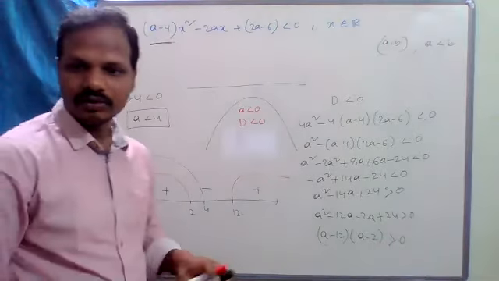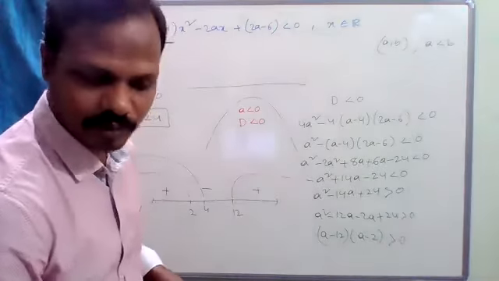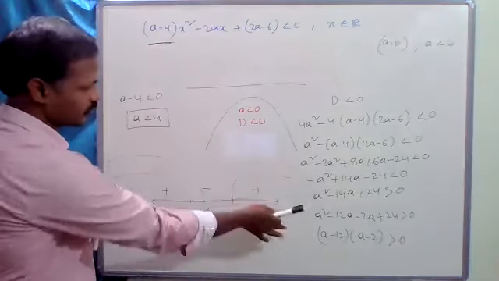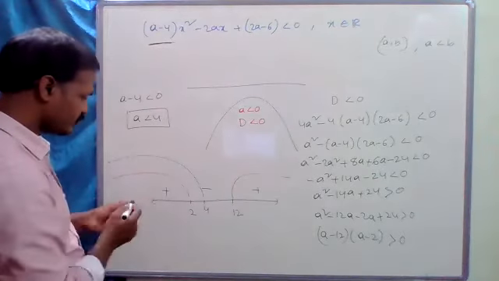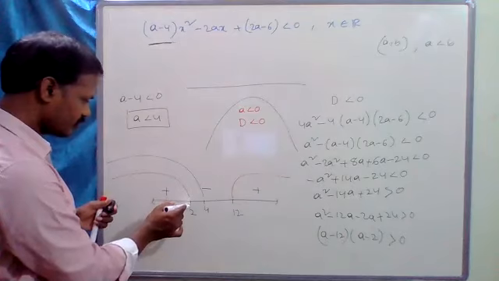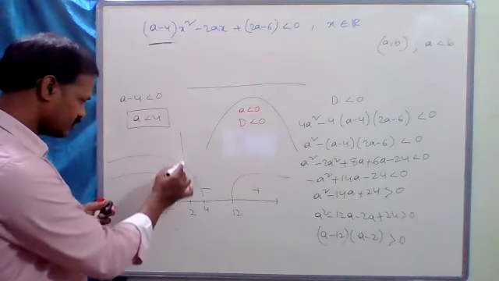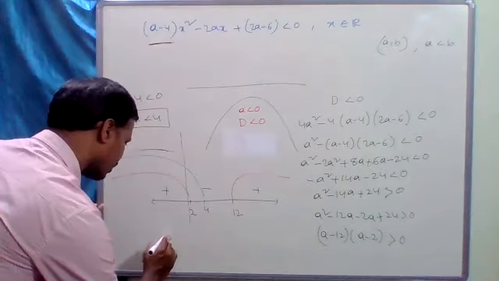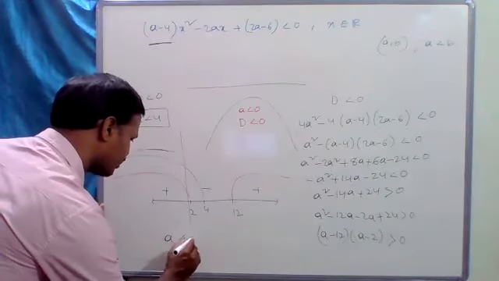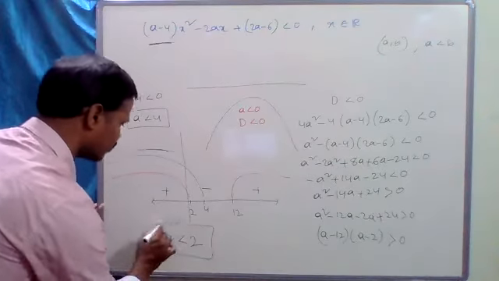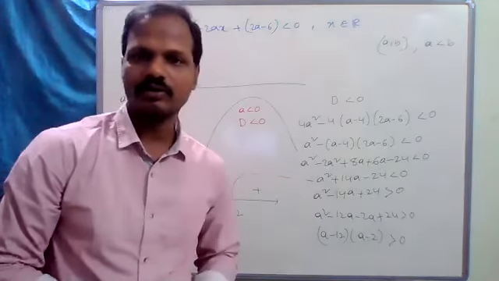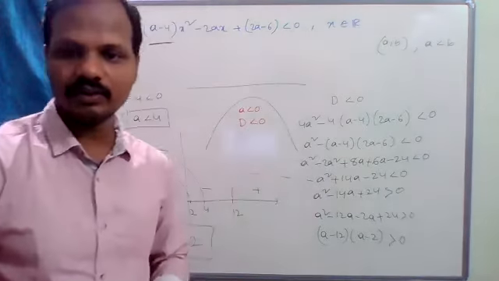Now both conditions should be satisfied, so take the intersection of these two relations, this part. So a is less than 2, that means the open interval minus infinity to 2.